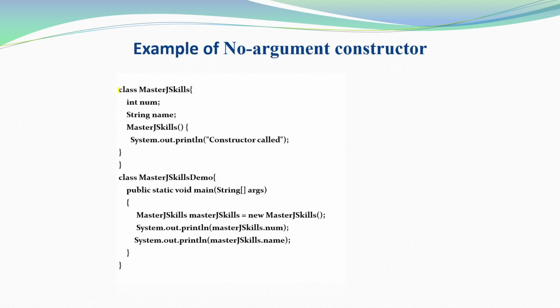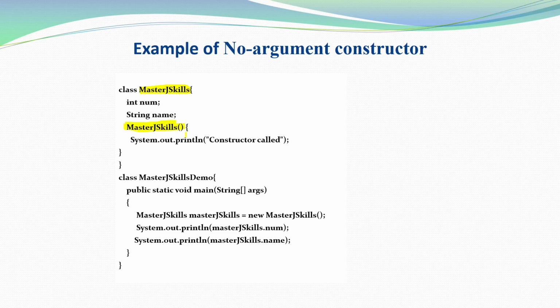Examples of a no argument constructor. You can see MasterJSkills is a class with a constructor. Here you can see this is a constructor with no arguments. As we discussed earlier, the constructor name should be the same as the class name. So you can observe the class name and the constructor name are the same.